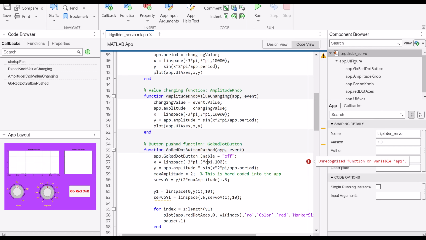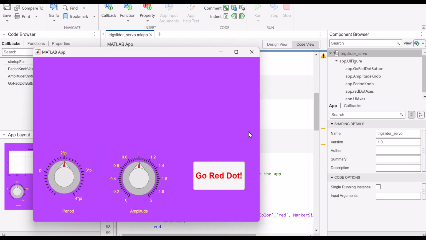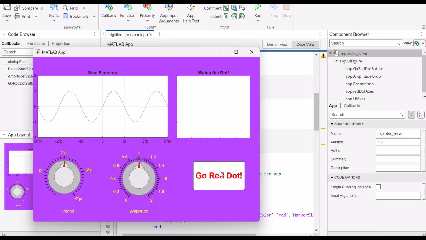Linspace pi. Okay, I don't know how that happened. Let's try this again. The servo's going to move because it got connected. And go red dot, go to place, and then whoop, whoop, whoop, whoop, uppy downy.